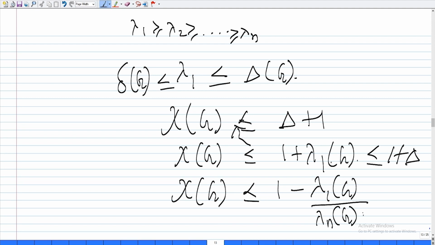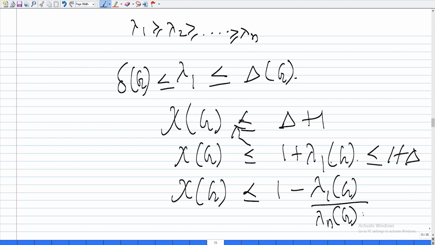The chromatic number of the graph is bounded by 1 minus the ratio of the largest eigenvalue and the smallest eigenvalue. You might get surprised, how can it be 1 minus of that? No doubts, you all accept what I say?